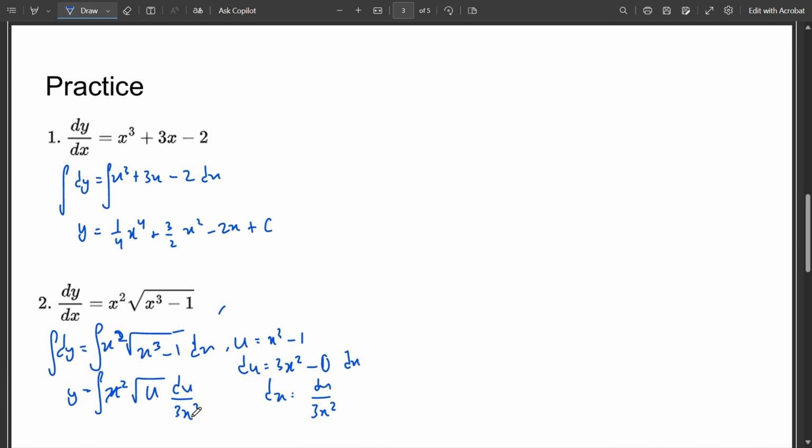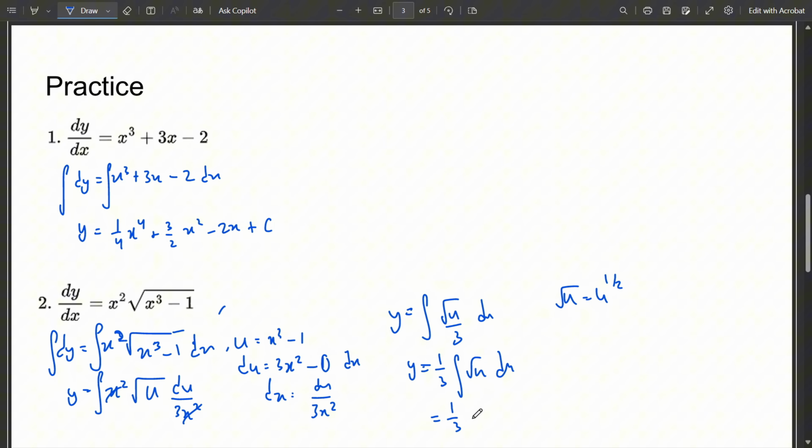Notice we can cancel the x squared, and we have just y equals the integral of the square root of u over 3 du. Since 3 is just a constant, we can take it out, so y equals 1 over 3 times the integral of the square root of u du, and the square root of u is just u to the half.